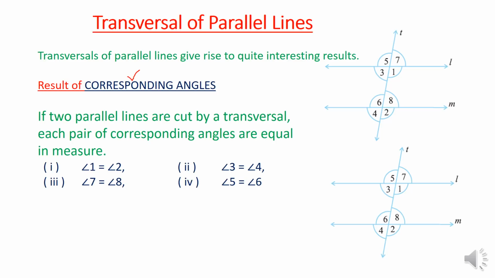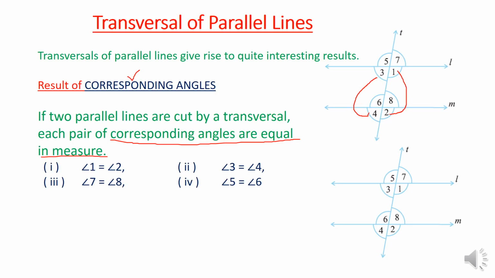You can see angle 1 and angle 2 are corresponding angles, which lie on one side of the transversal and both are below the parallel lines. Next are 3 and 4, on the same side, below the line.